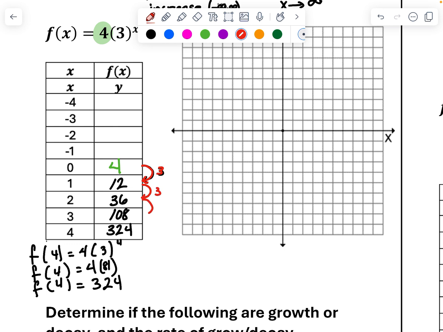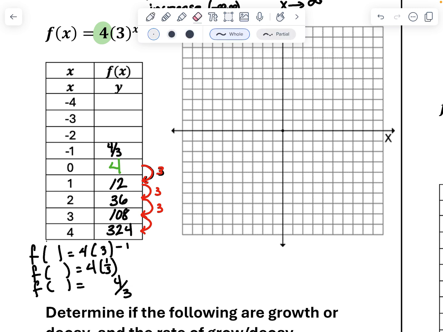And 36 times 3 is 108. And 108 times 3 is 324. So what happens if the exponents are negative? Well, let's try it with a negative exponent. So let's change the exponent to negative 1. If we change the exponent to negative 1, this would be 1/3, which would give us 4/3.